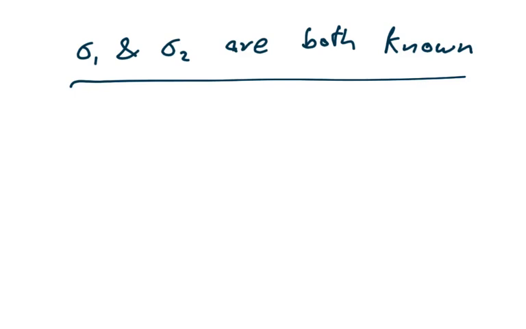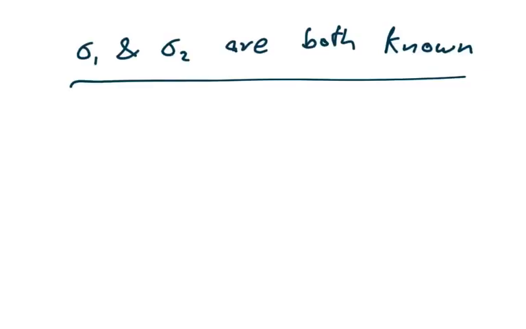The standard deviation for population 1 and for population 2, those quantities, those population parameters, we're going to assume that we know them. But remember, that actually means that we secretly don't know them, but we're pretending that we do. So this usually is not good practice. In a statistics class like this, we're doing this as introductory material to get us used to the techniques that we're going to have to use in a more real-world situation.